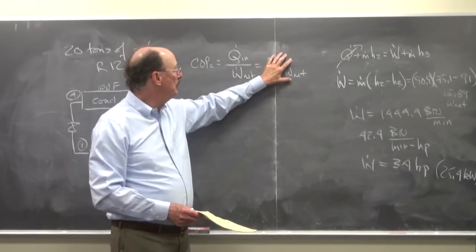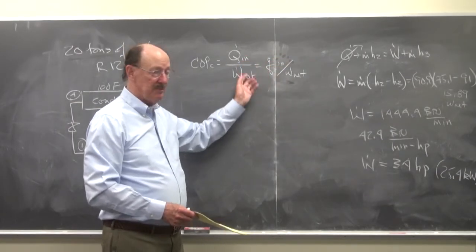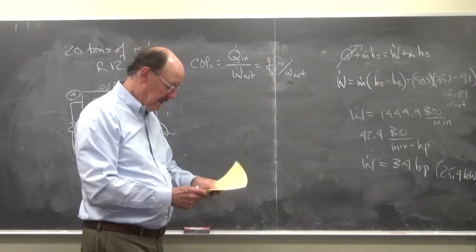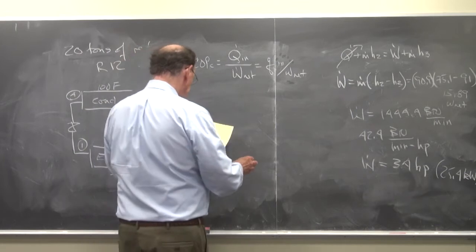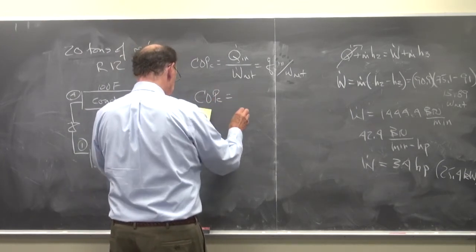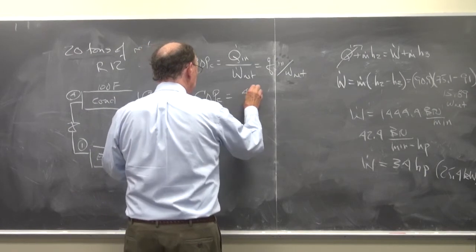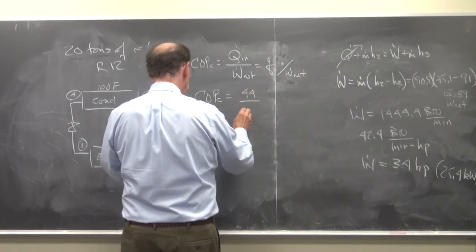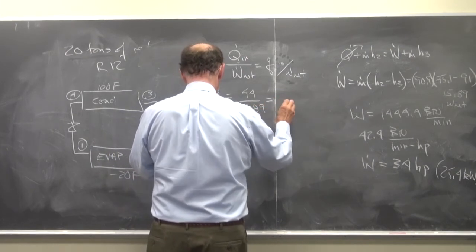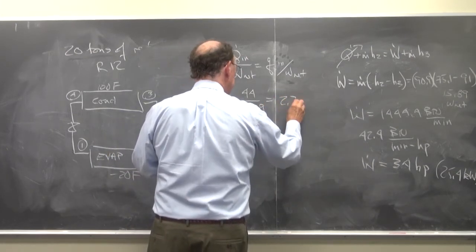So very often we'll be using these values. It's the same thing, the difference is the mass flow rate, but the numbers are smaller. And so the COP_C is equal to 44 over 15.89, is equal to 2.77.